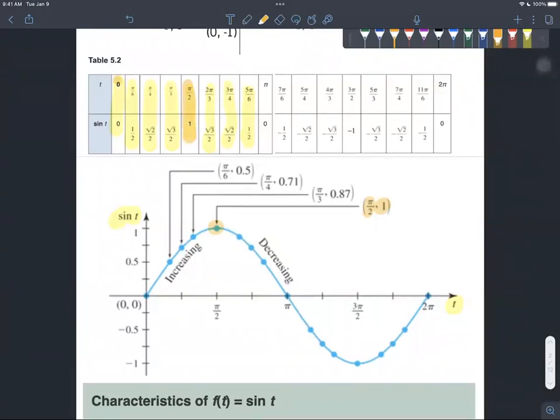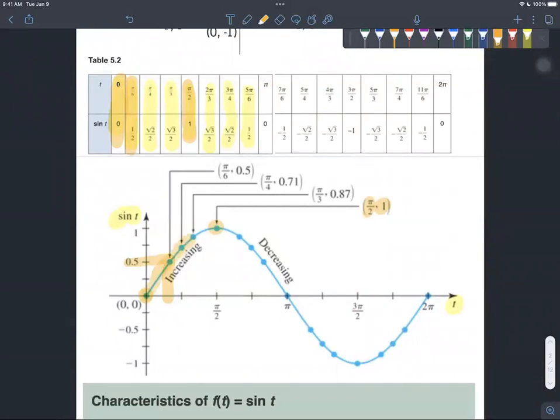And we can go through and say, okay, sine starts at 0, 0, the origin, and then for an angle of pi over 6, we're at a height of 1/2. We'll say that this is pi over 6 radians, and so on, right? We can go through all of these.